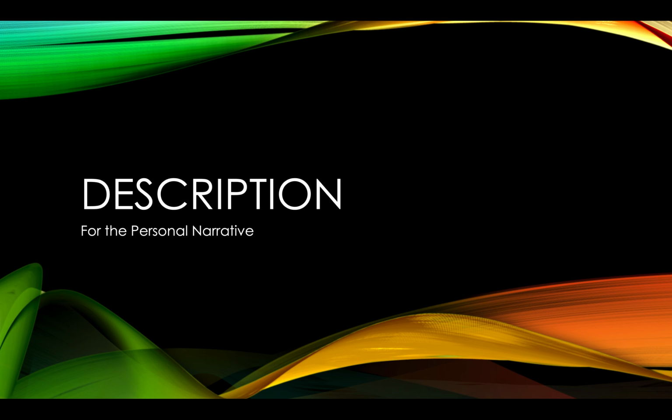So you can take a look through those and see how those authors communicate description through their words as well. So go ahead, you can stop this presentation, go find your documents, and come on back.